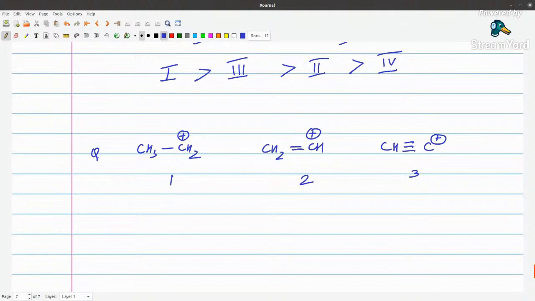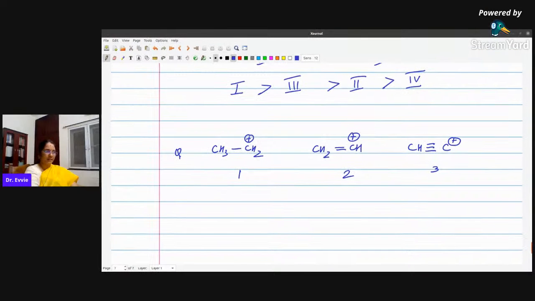Okay, I'll tell you about the concept here. I think many of you haven't got it. Let me tell you this. See here, there's a pi bond and a positive charge. Now you see here, there are two pi bonds. There is one pi bond.